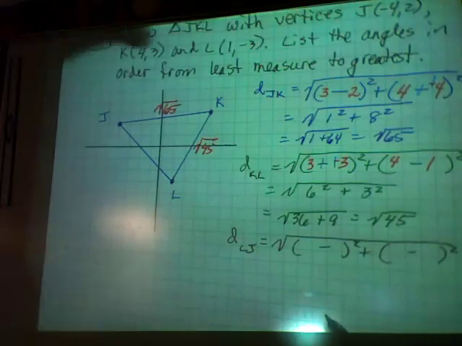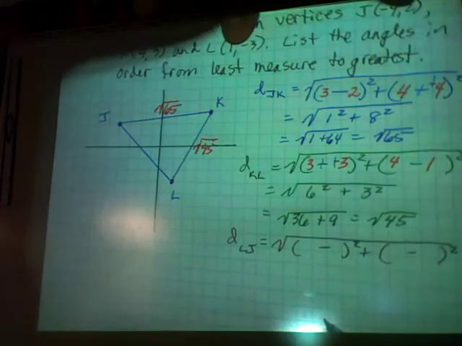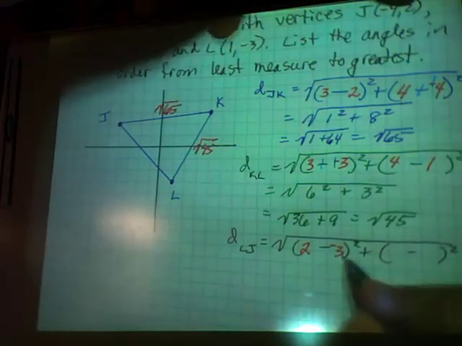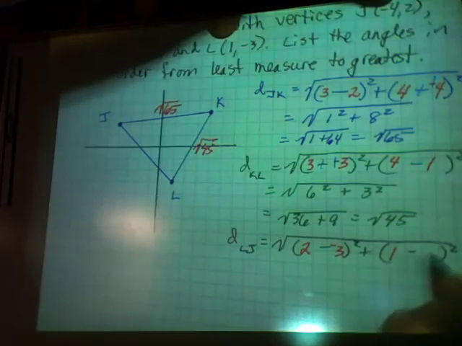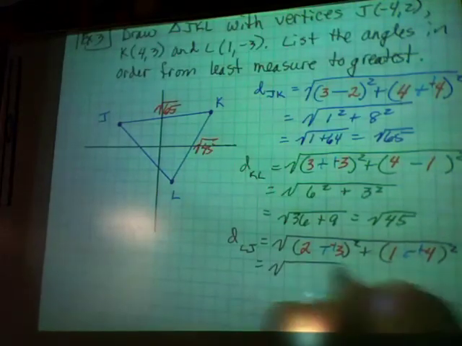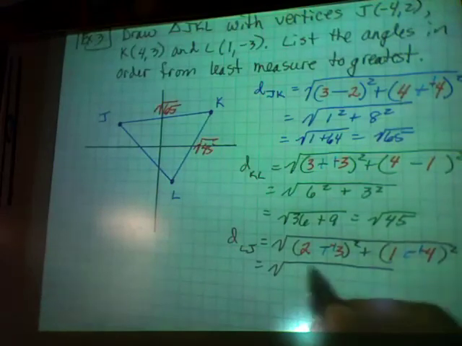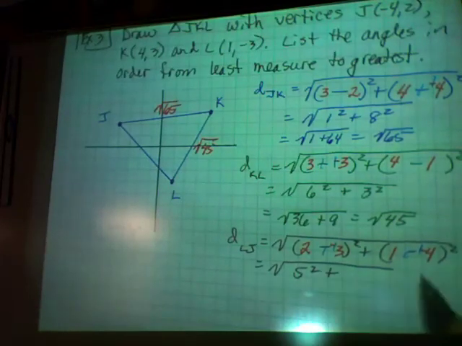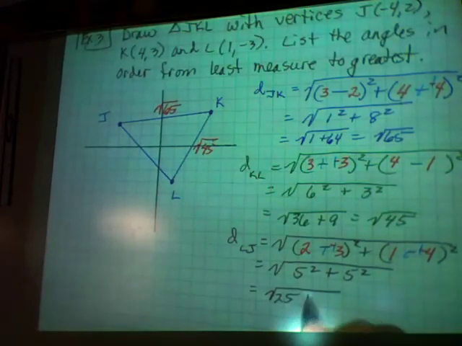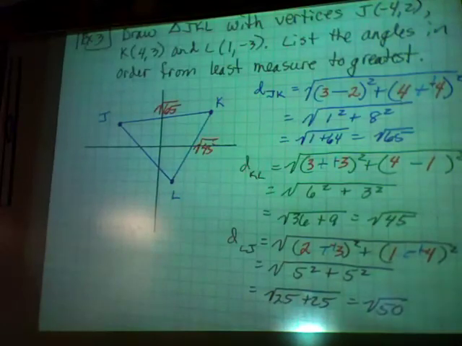So my y, I'm going to do the 2 first this time, and then the negative 3. And then the 1 minus the negative 4. It doesn't matter which comes first in here, to be honest. So add your opposite. You end up with 2 plus 3, which is 5 squared, and 1 plus 4, which is 5 squared, which gives you 25 plus 25, which is the square root of 50. So the square root of 50 goes here.